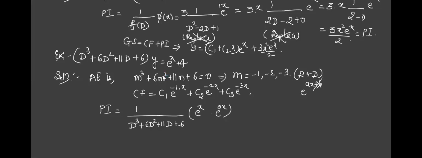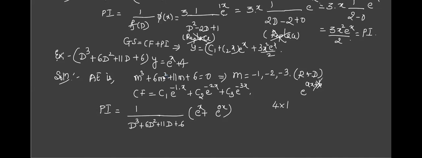Guess how to write for 4? Not e to the power 4, not e to the power 4x. Is e raised to 4x equal to 4? The answer is here only. Just think how you are writing. Can I write 4 as 4 into 1?